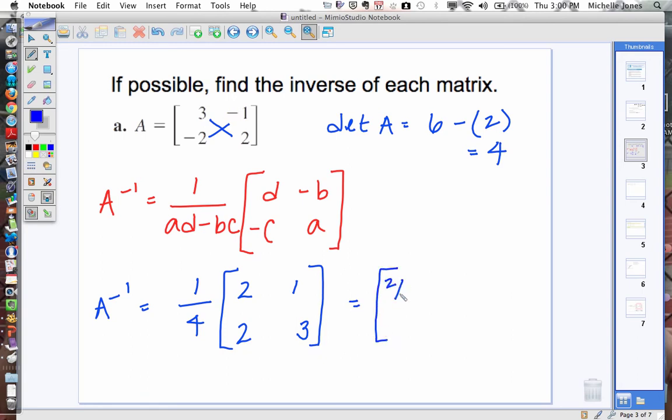So you end up with 2/4 here, which we know just reduces to 1/2. Here you get 1 times a 4th, which is 1/4. Then it's 1/4 times 2, 2/4, which is 1/2. And 3 times a 4th, which is 3/4. So here is your inverse. So much easier than having to figure out what the inverse is when it equals our identity matrix. So you can start using this little shortcut now.